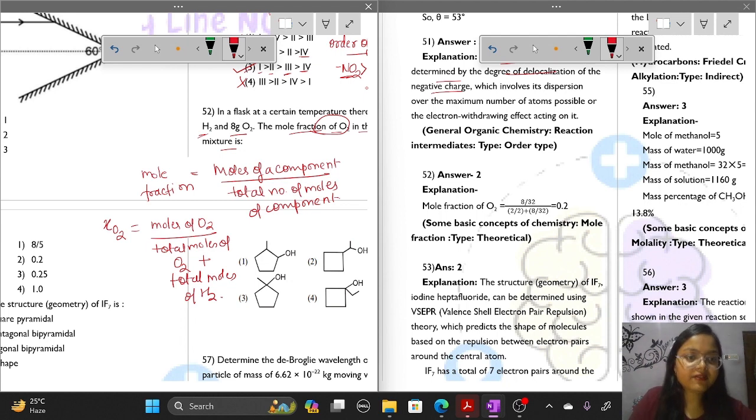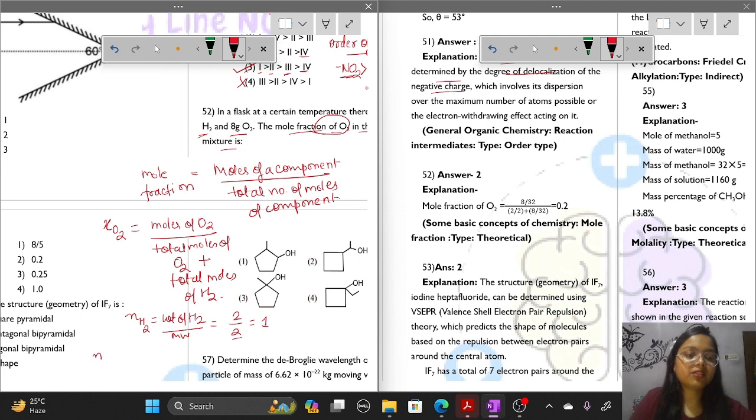Then we can find out the number of moles of hydrogen. It is the weight of hydrogen divided by its molecular weight. The weight of hydrogen is 2 and its molecular weight is also 2, 1 for each hydrogen, which means that the number of moles of H2 is 1.